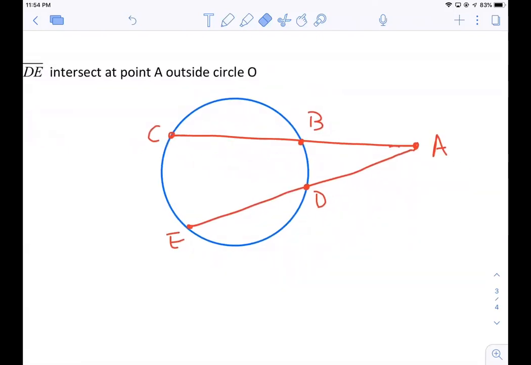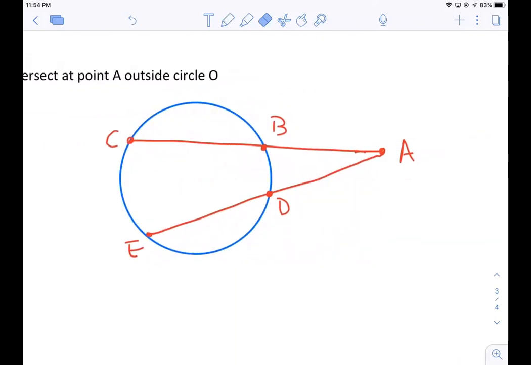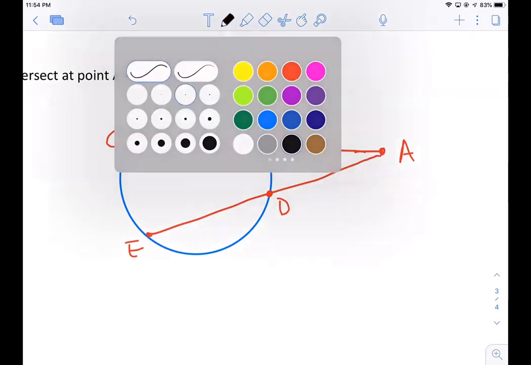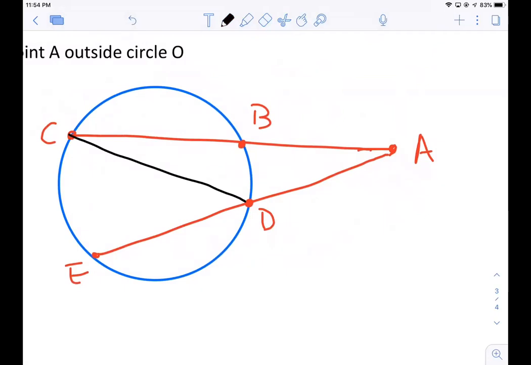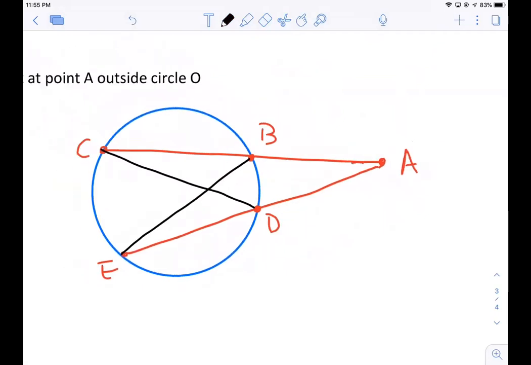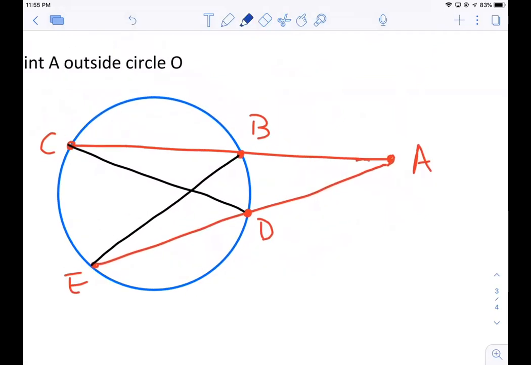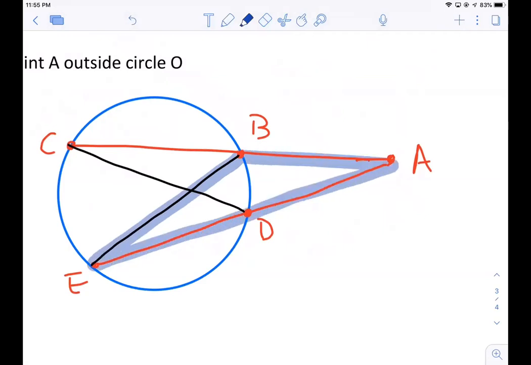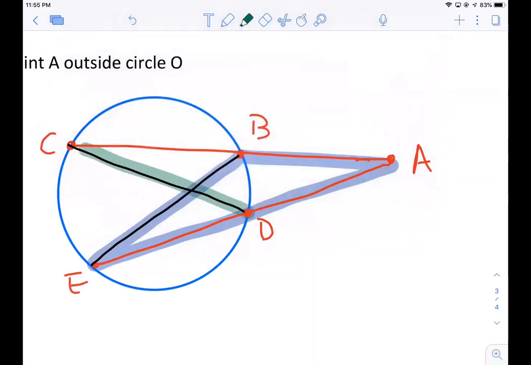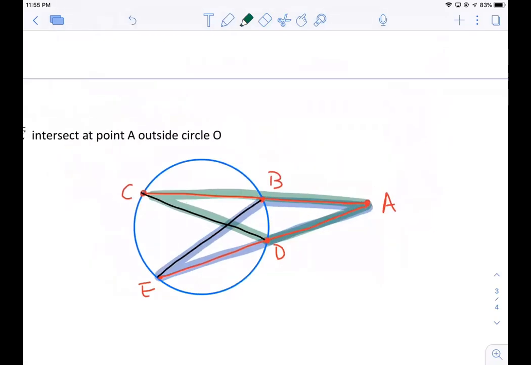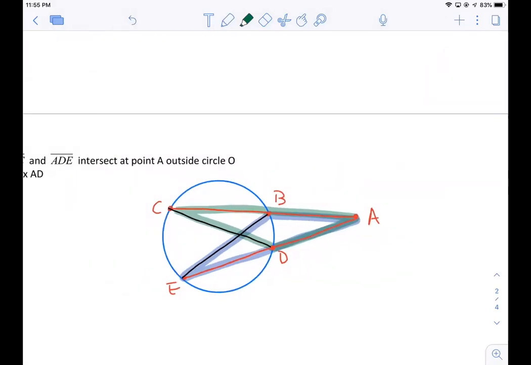The triangles we are going to be needing are these ones, this and that. So the triangles we want to prove similar are this triangle and the other one. They overlap, so it's kind of hard to see, but we want to prove those two triangles similar.